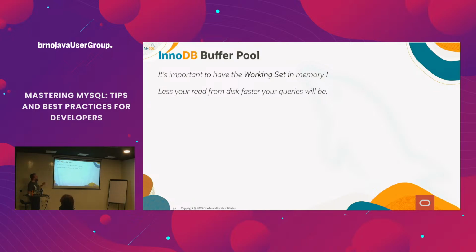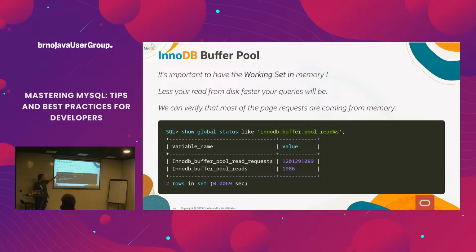If you can have your working set in memory, everything will be fast. If not, you need to find out why it's not fast, because you will need to read from disk. So the first thing to do, before saying, oh, Fred told me I need to increase my buffer pool, is to check. You can run these variables on your production server, it doesn't cost anything.